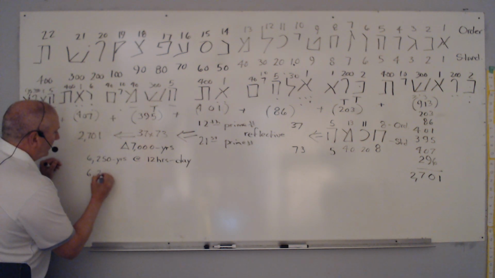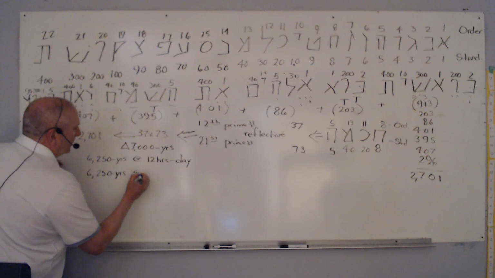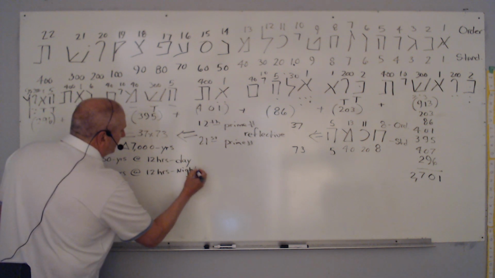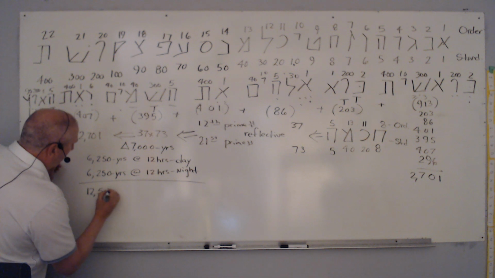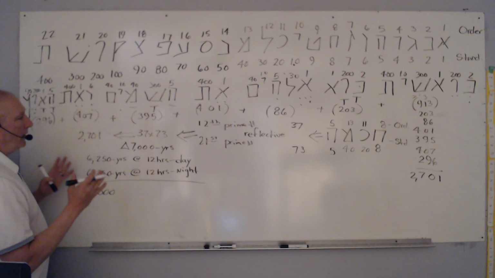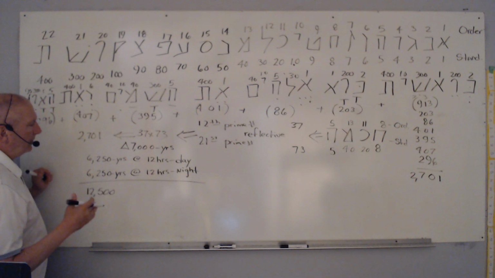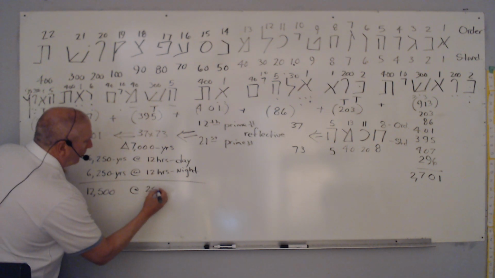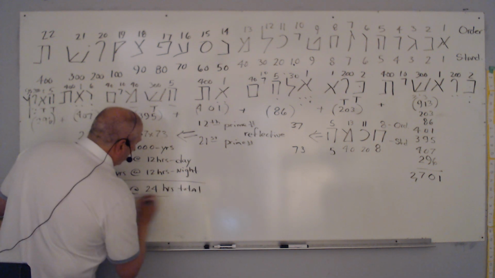So we went ahead and put 6,250 again at 12 hours night. Then we add this together. We got 12,500, which fit well within the 6 to 20,000 year range in the various disputes about the earth at 24 hours total. We can just underline that there.